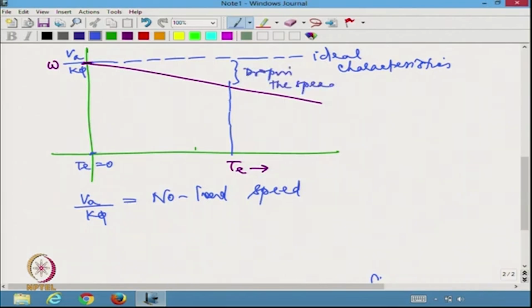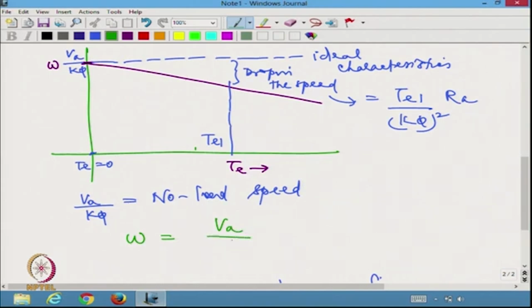If I say that this is TE1, the drop in the speed will be TE1 divided by K phi whole square multiplied by RA, as per the equation we wrote for the speed: VA by K phi minus TE divided by K phi whole square multiplied by RA.